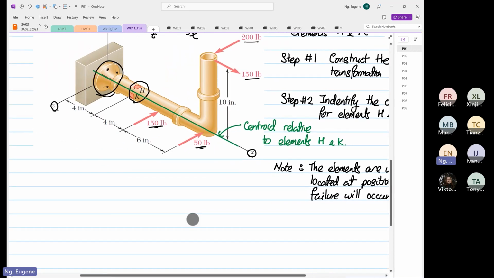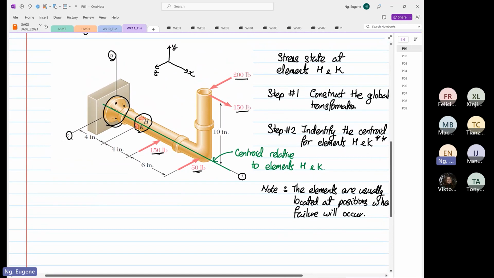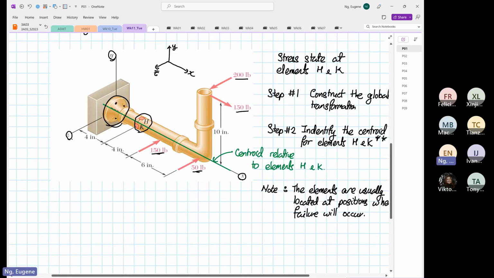Based on this transformation, I'm going to view this in the XY plane. So I'm going to change my paper and view this structure in 2D now.